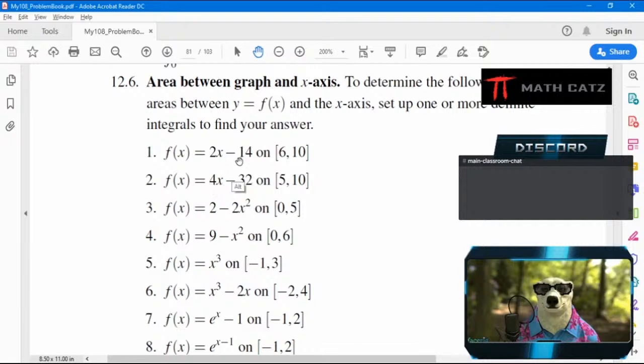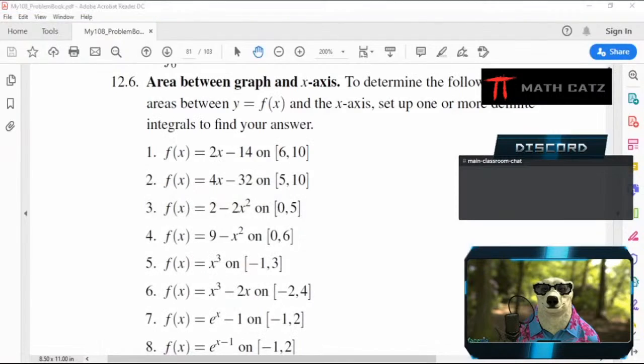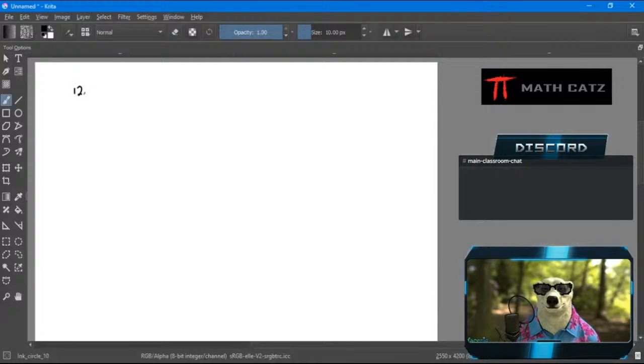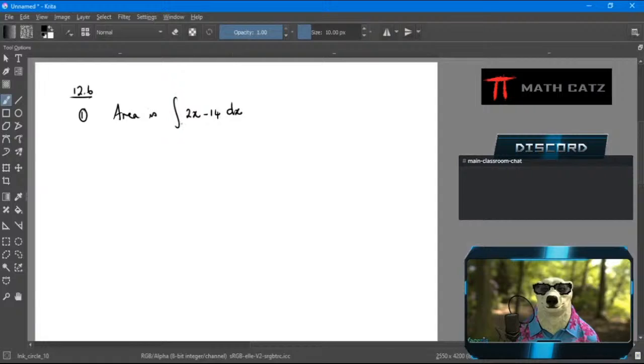Let's just do the first one, 2x minus 14. So the area is, what was my function? 2x minus 14, x is my variable, and the x values are 6 to 10.